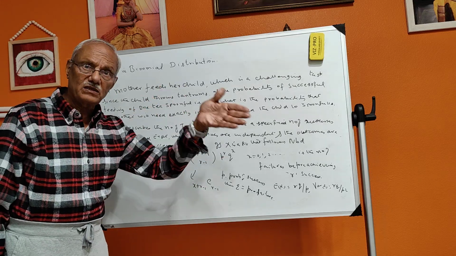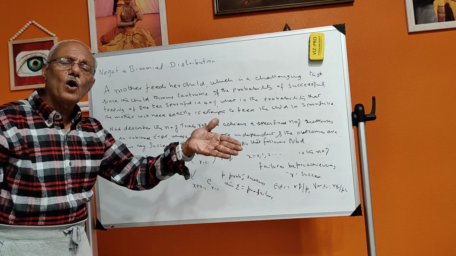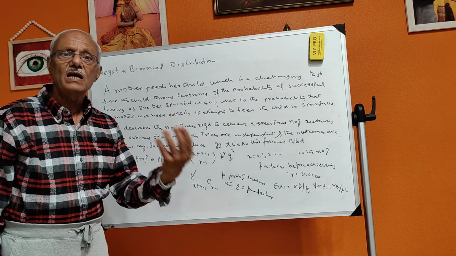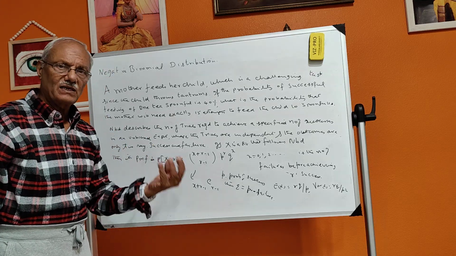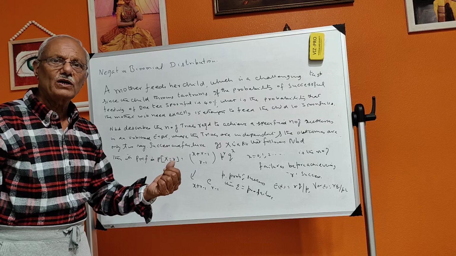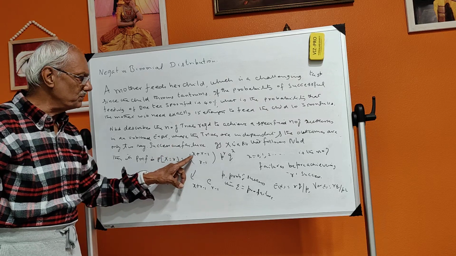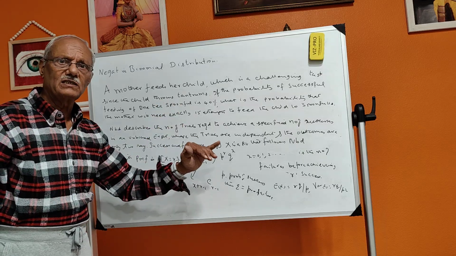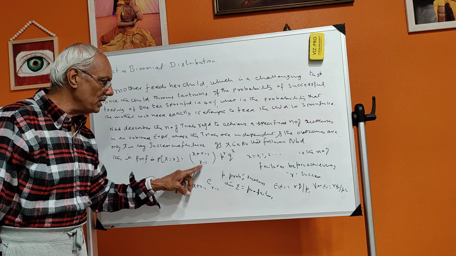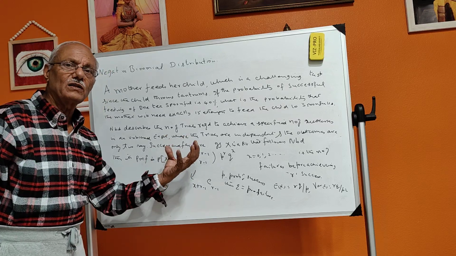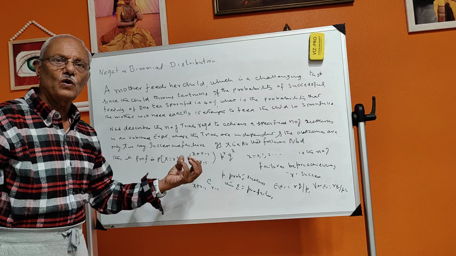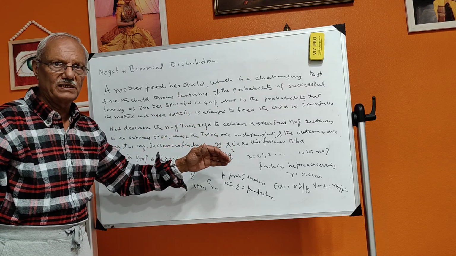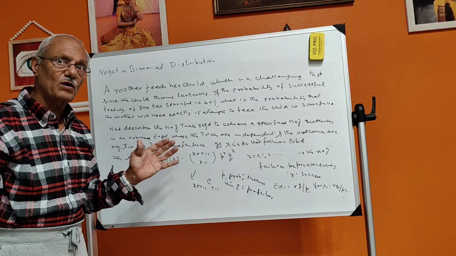If you get the rth success, then it means that r minus 1 successes have preceded. That is, we have already obtained r minus 1 successes, and these r minus 1 successes have come from the combination (x + r - 1) C (r - 1), that is, x failures plus r minus 1 successes, in various combinations among the x plus r minus 1 trials.